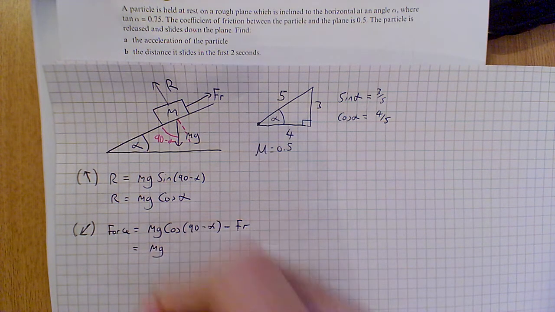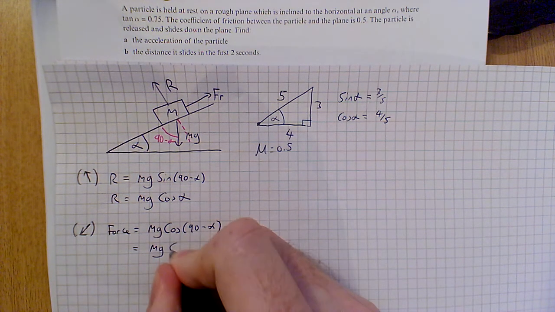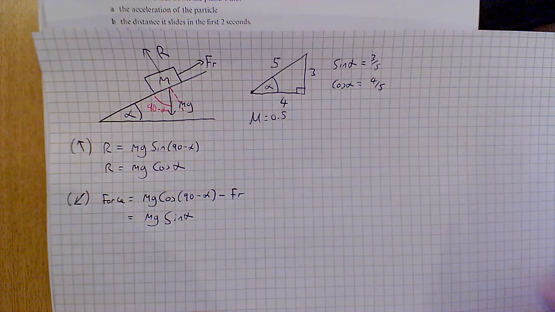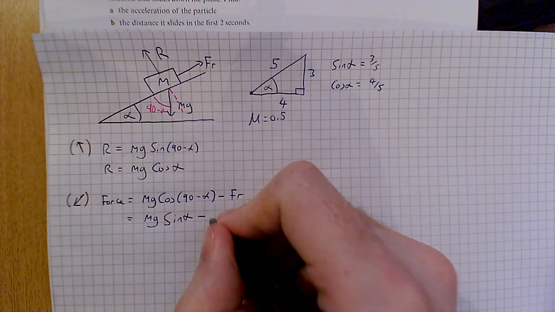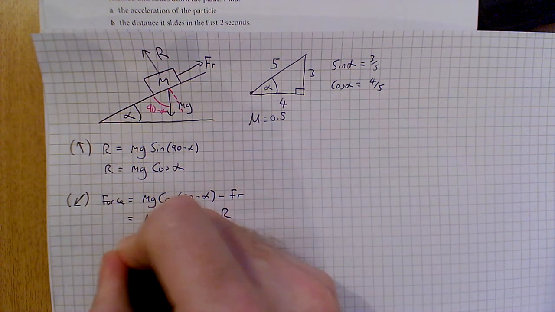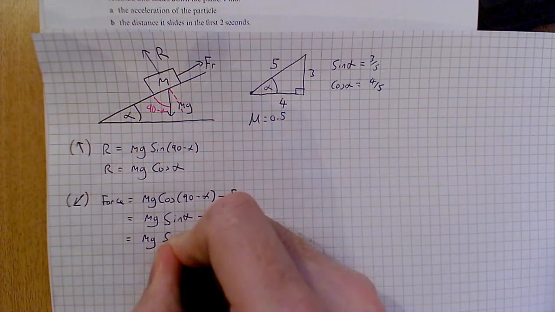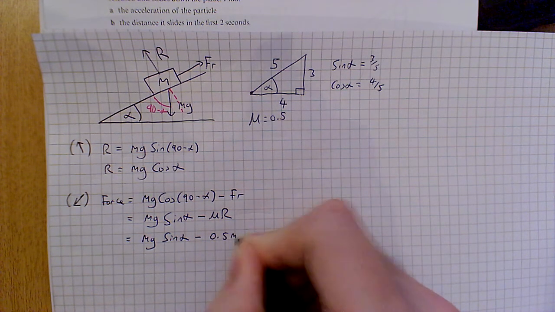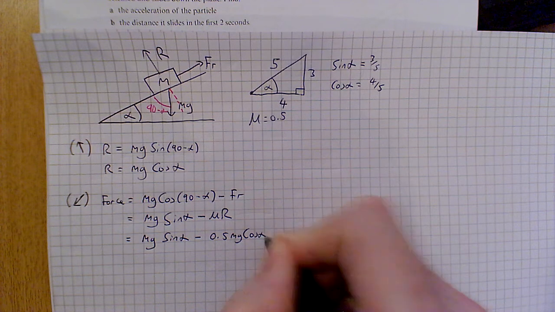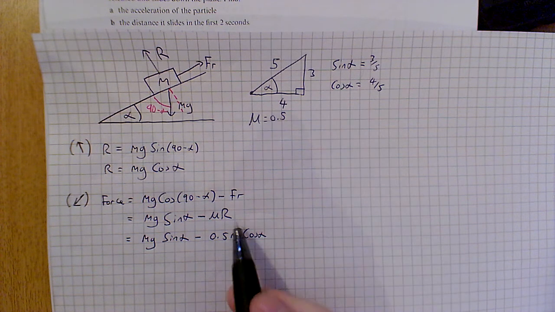So then our mg sine alpha, again using that rule, cos 90 minus alpha is sine alpha, minus the friction, which as always is mu R. So I substitute that in, mg sine alpha minus 0.5 mg cos alpha. That's using our value of R from the first part of my working out over here.